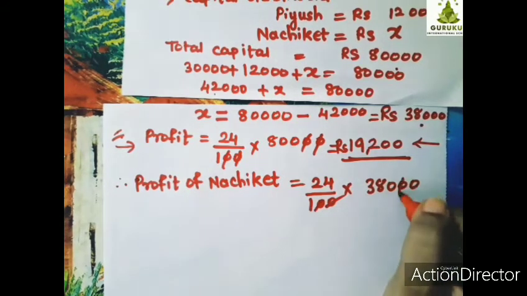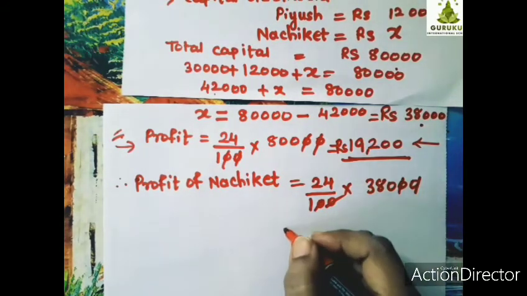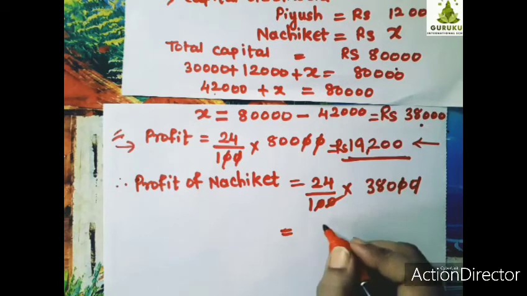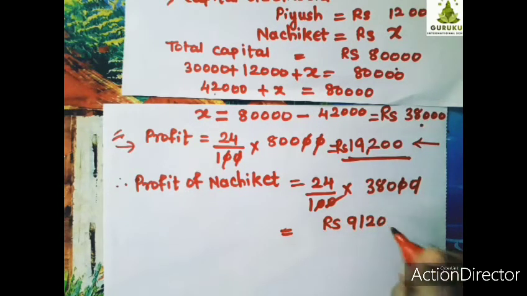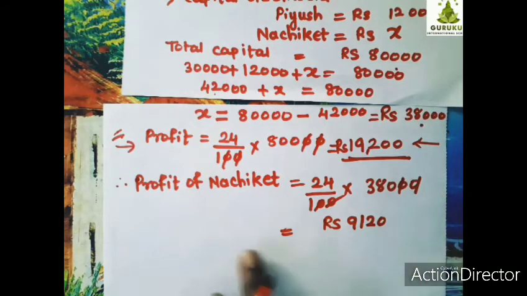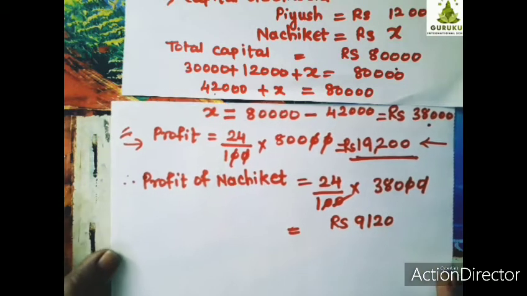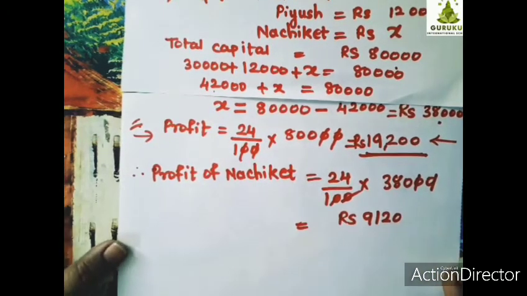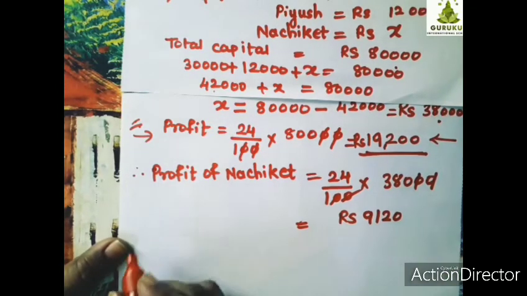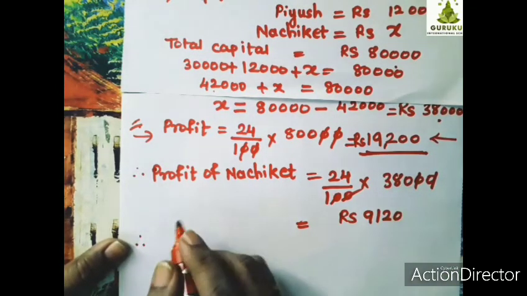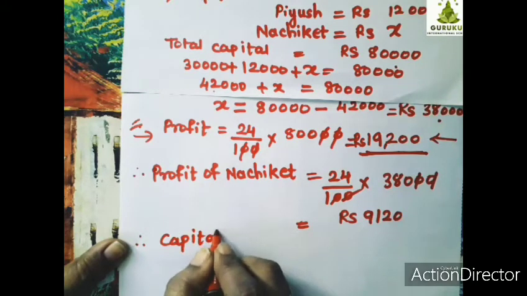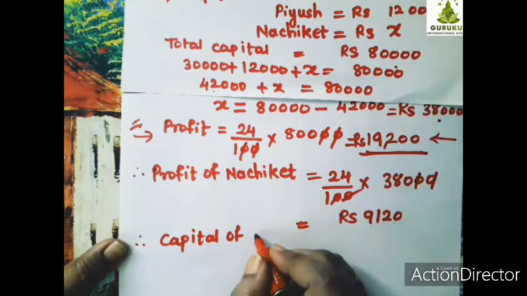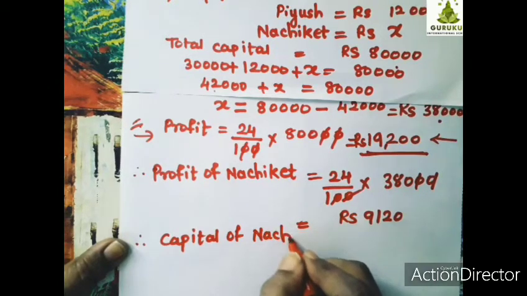So zeros will be cut. Now if you multiply it, you will get 9,120. So we got the answer, that is the profit of Nachiket, rupees 9,120.